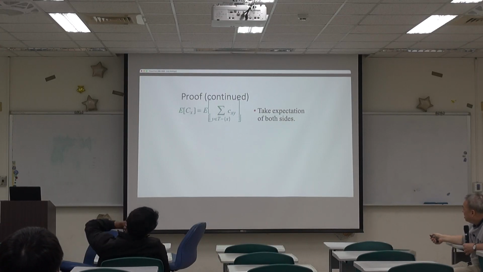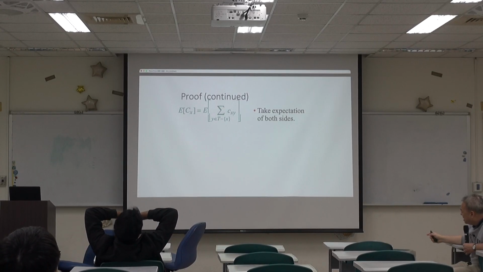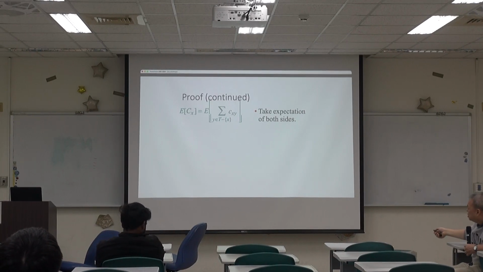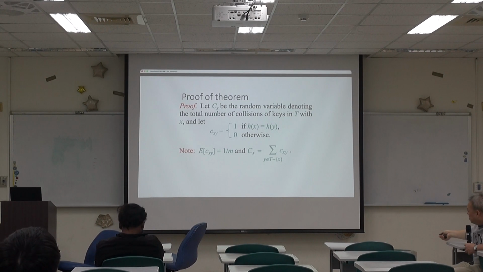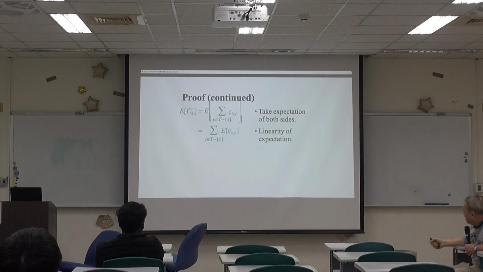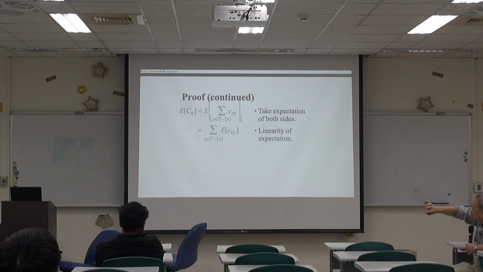And then the expected value of capital C_x is going to be the expected value of this summation. We basically just apply expectation on both sides of the equation. Because of the linearity of expectations, we can directly move the expectation into the summation.